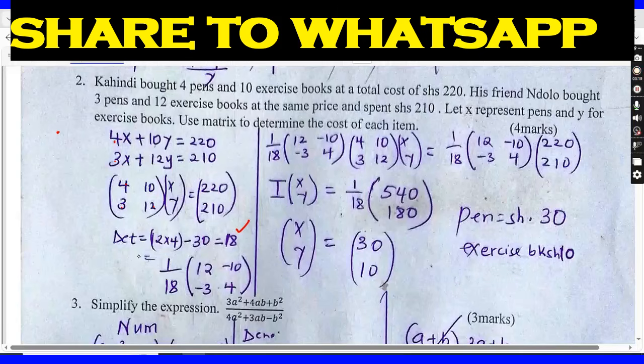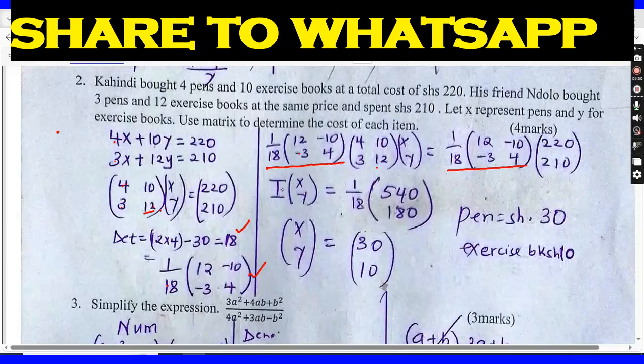So the inverse is 1 over the determinant, 1 over 18. Then you interchange these values, this one comes here and 4 goes back here. On the secondary diagonal, you just introduce the negative. That one gives you the inverse. Then pre-multiply the matrix with the inverse, and also pre-multiply on the right side.